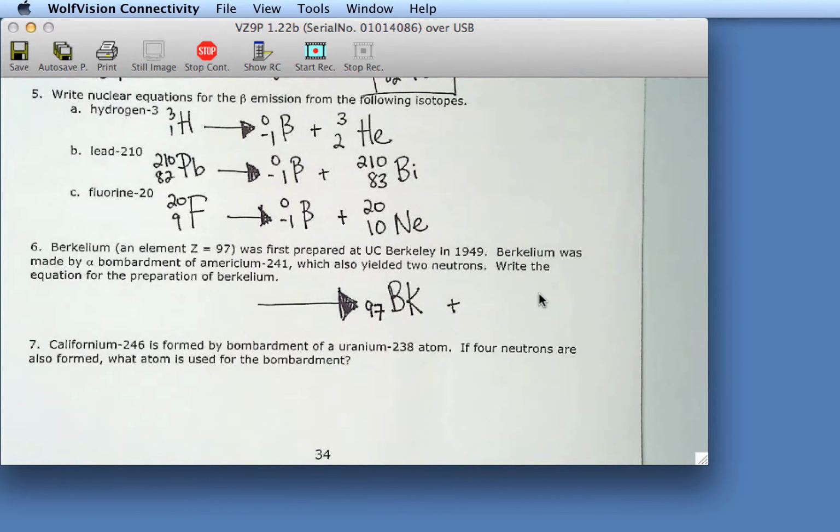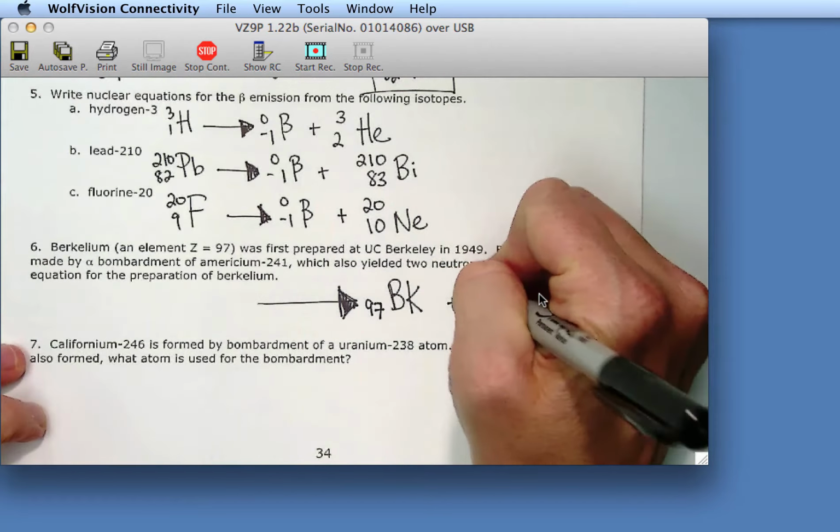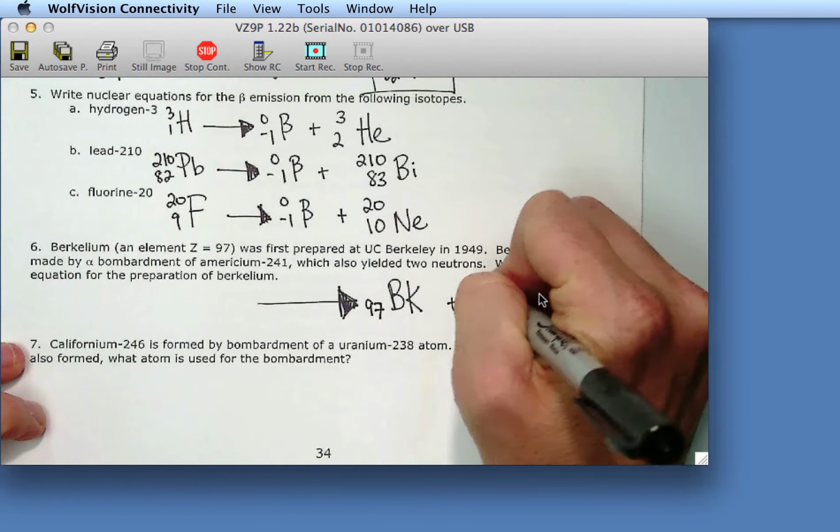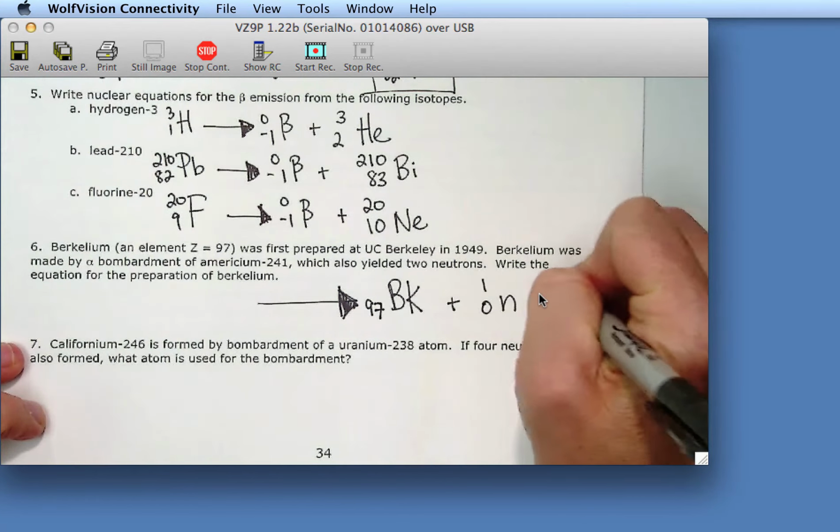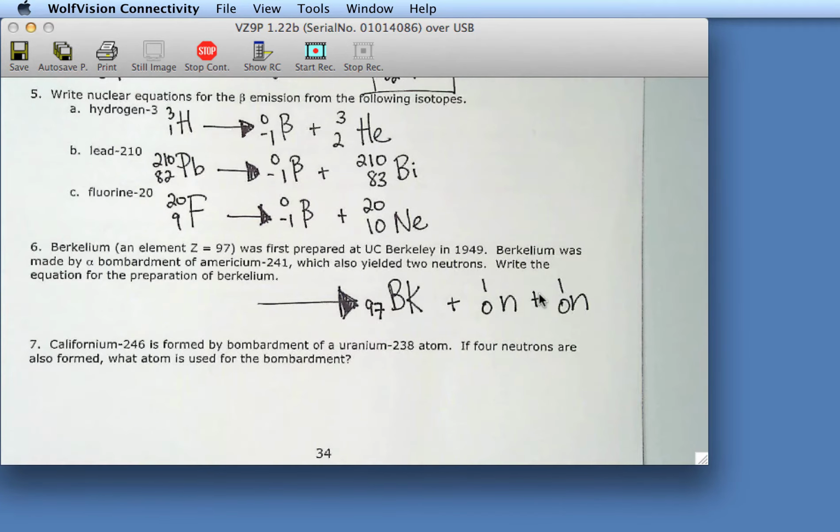But when it was made, it also yielded how many neutrons? 2. Good. So you can write out 1, 0, n 2 times, or you can write it once and then write a big coefficient of 2 in front of it. I think when you're just beginning, writing out 2 neutrons is much easier to keep track of your math.